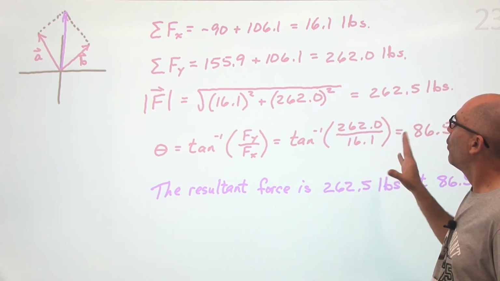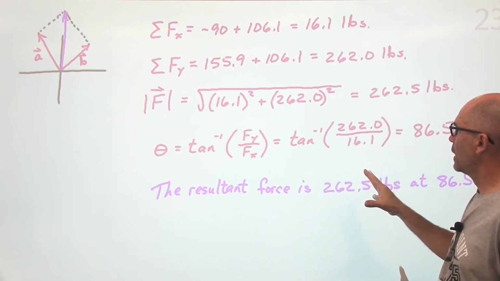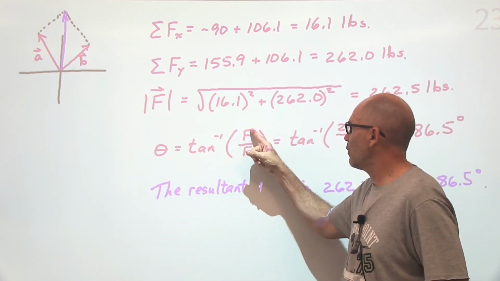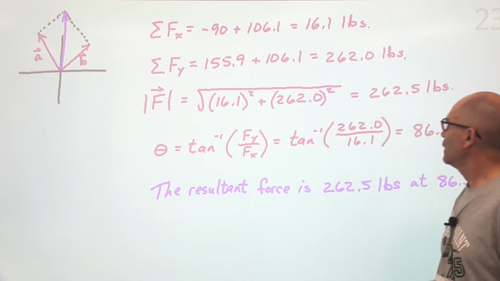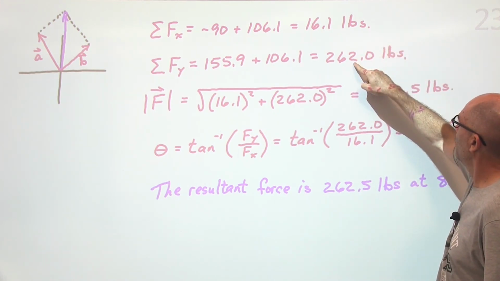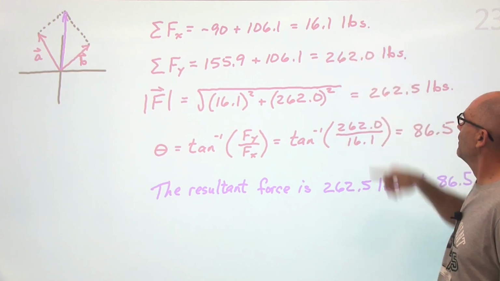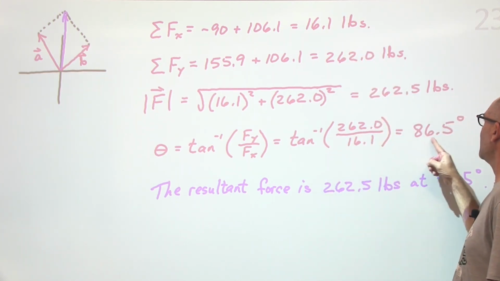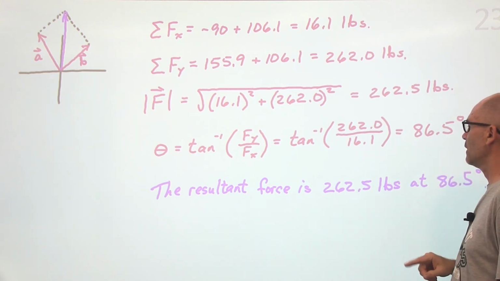Okay, now what direction are they pushing? Well, remember, the direction is the inverse tangent of y over x. So we take the sum of the y's, 262.0, the sum of the x's, 16.1, divide it, take the inverse tangent, and you get 86.5 degrees.